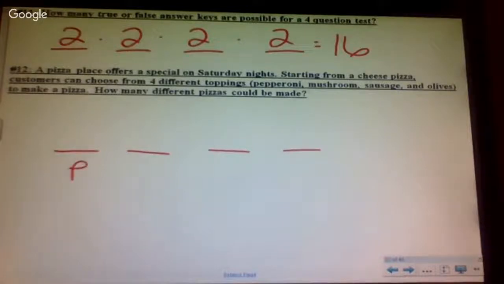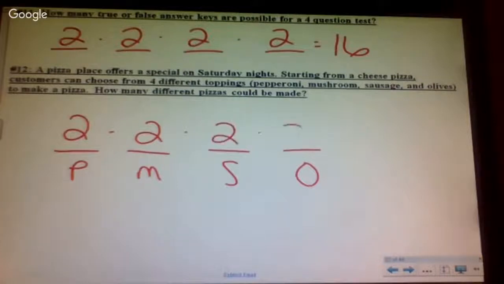You've got pepperoni, mushroom, sausage, and olives. If you get to say yes or no to a topping, how many options do you have for pepperoni? 2. I can say yes, I want pepperoni, or no, I don't. I can say yes or no to mushroom. 2, 2, and 2. I have 16 different ways I can put together a pizza with 4 toppings.